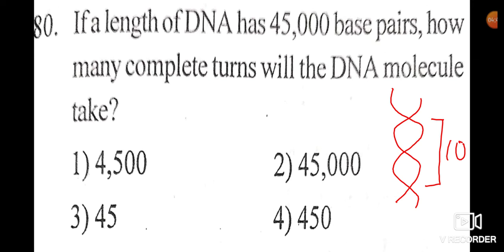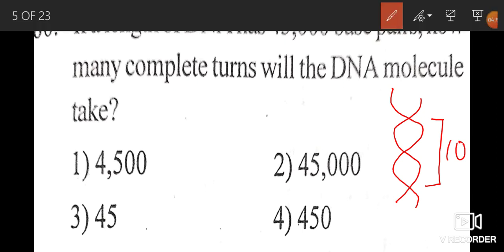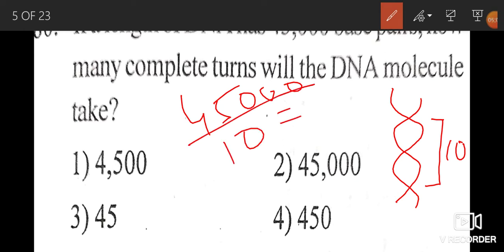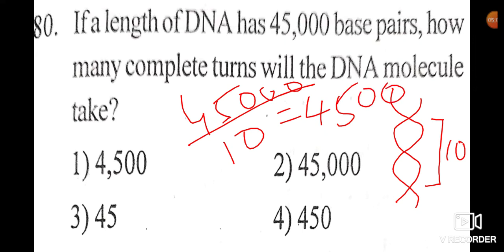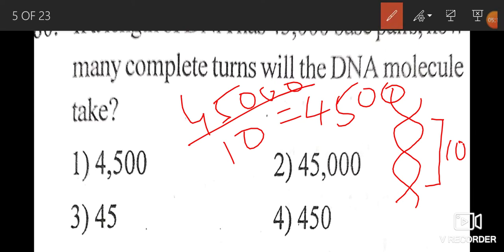So here the DNA length contains 45,000 base pairs. Then how many turns? It means 45,000 divided by 10, which equals 4500. So the right option is 1.